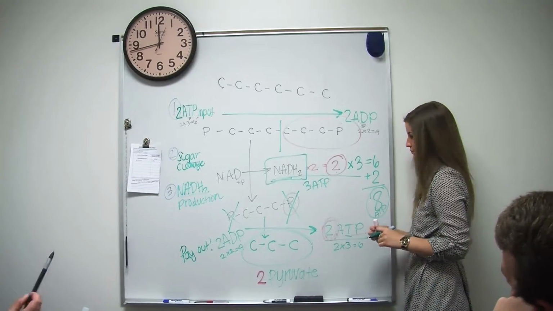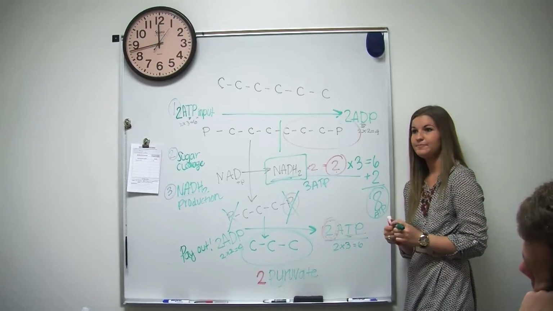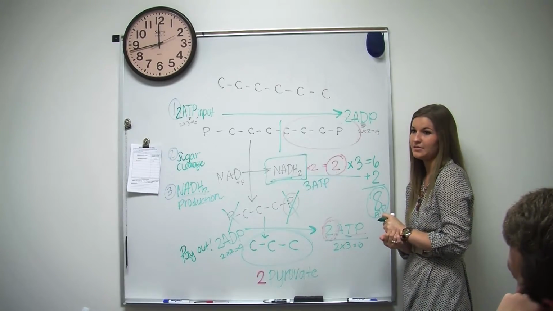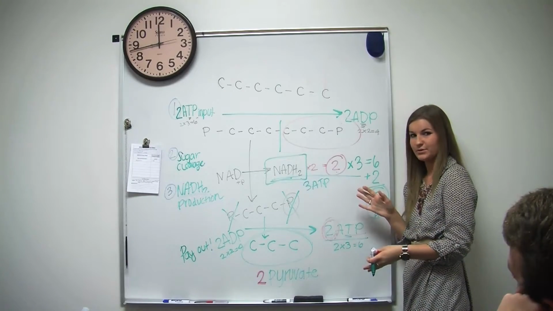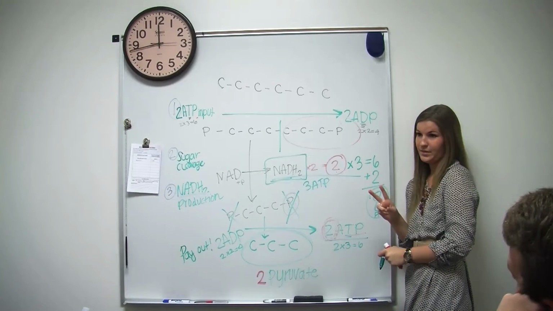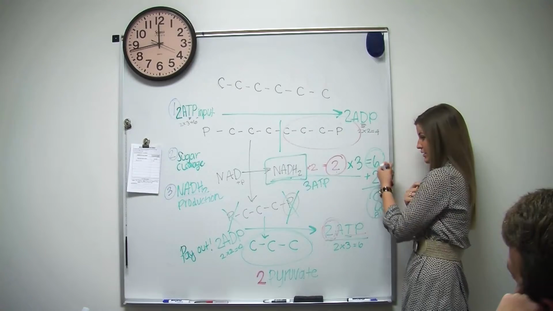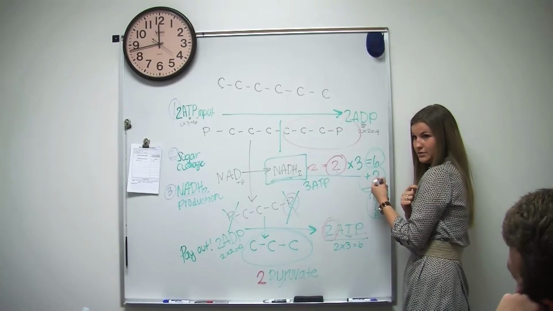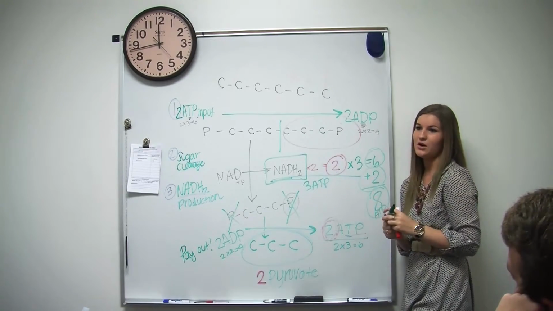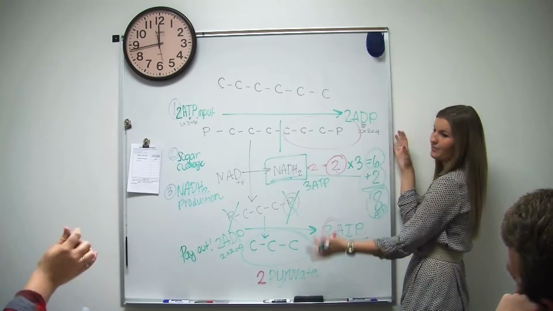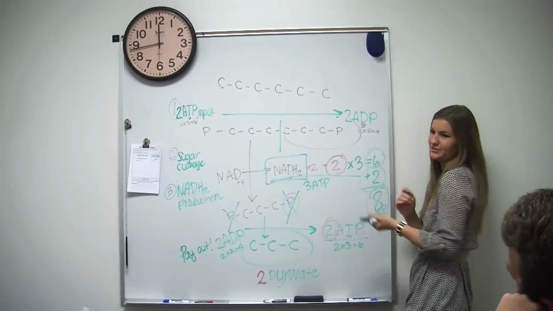But those are just potential right now because it has to go through the electron transport chain. So what if they asked you, how many net ATP do I get from glycolysis? Just 2. How many potential? 6 potential, and I do have 2. The other 2 aren't potential because you do get them.